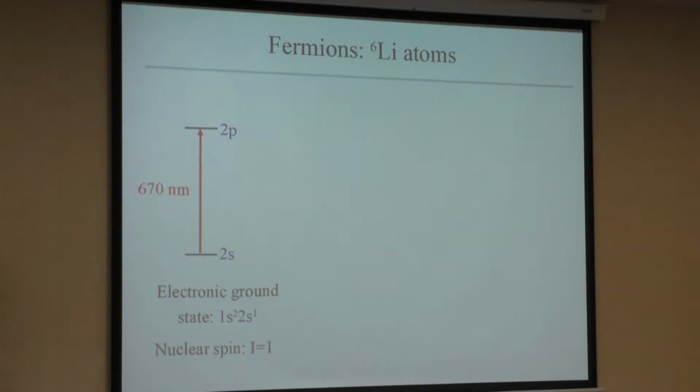Okay, lithium. For laser cooling, we considered a transition of the valence electron from the 2s state into 2p states. For interactions, we only consider the atom in the ground electronic state. So the single valence electron is only in the 2s electronic state. You can look deep into the structure of this state.